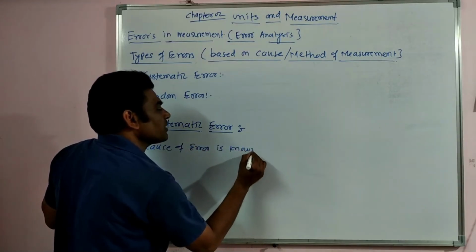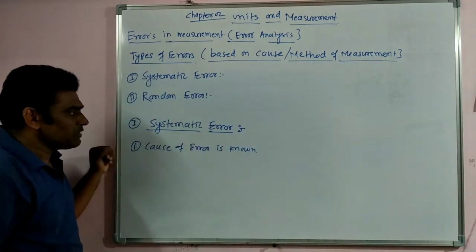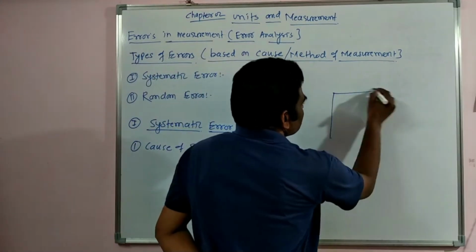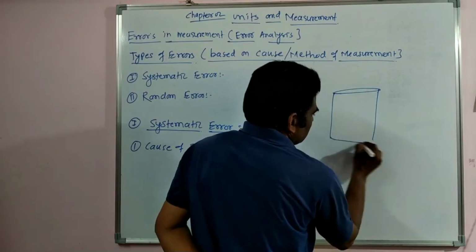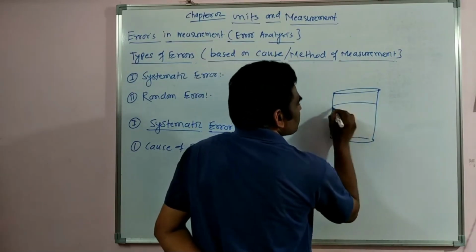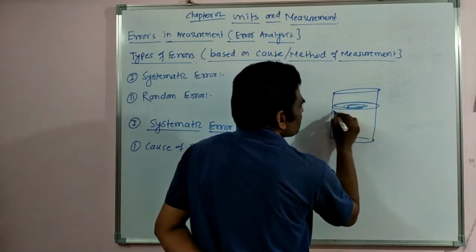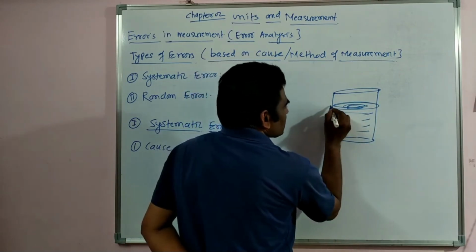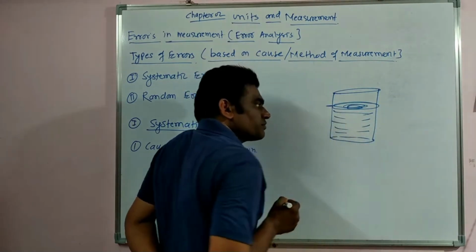Cause of error is known. Means what? Suppose this is one glass. In this some water is filled. So this is the level of water, we can say.